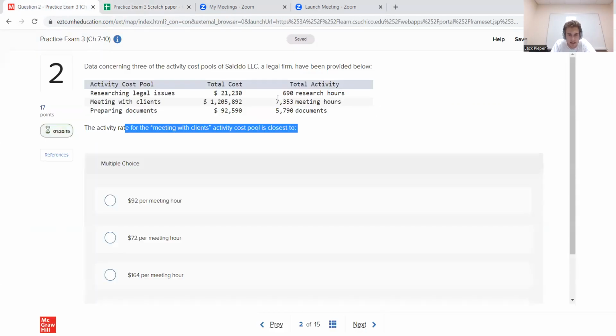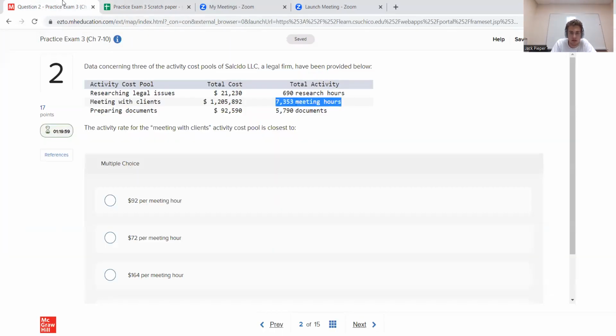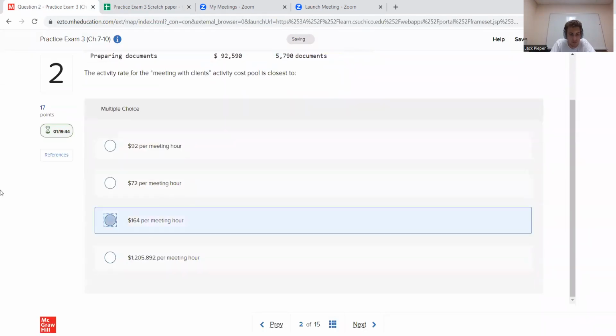And then we'll divide that by the total amount of meeting hours, because the activity driver for meeting with clients is meeting hours, right? So we'll do 7,353. All right, and then we can just divide the two. 164 per meeting hour, right? So per means one. So for one meeting hour, that's how much we're going to assign.